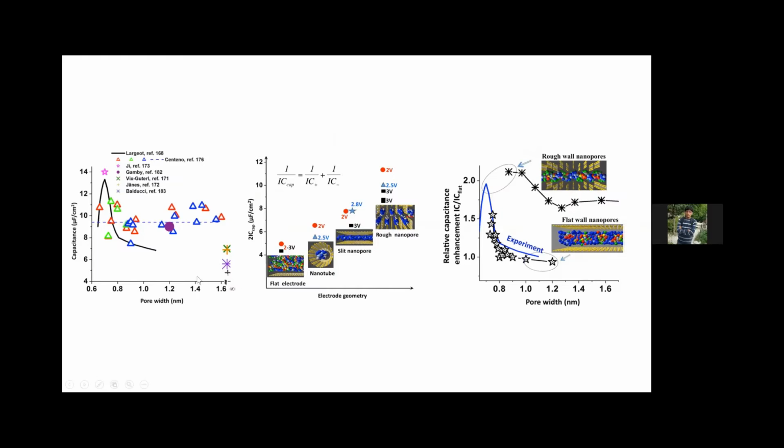Here we can see the electrode geometry. If it is a rough nanopore, and also with an ionic liquid, we can achieve up to a 3 volt voltage window. Otherwise we cannot achieve the voltage window. So overall the device's energy density and power density become less. We need to overcome this problem.